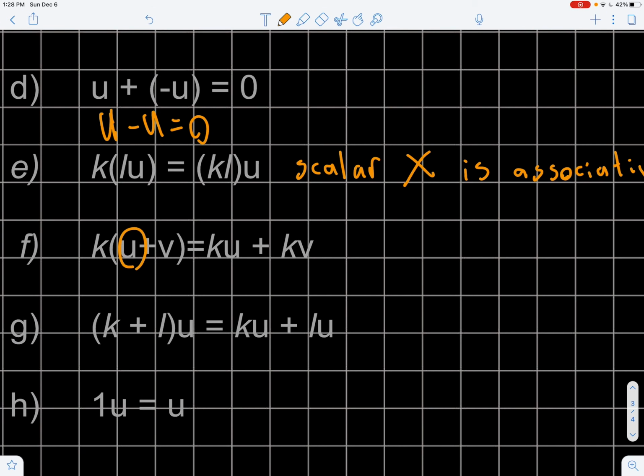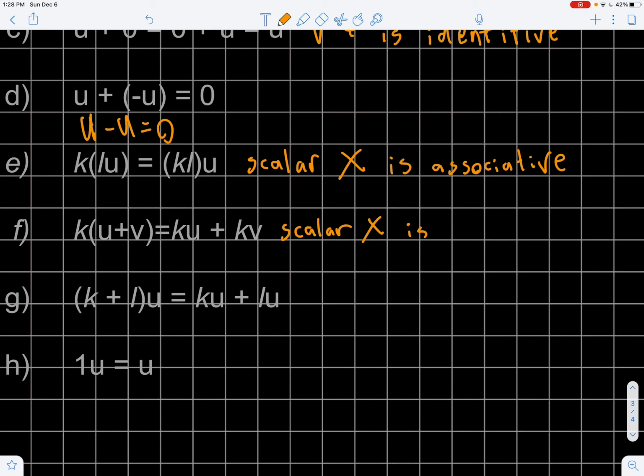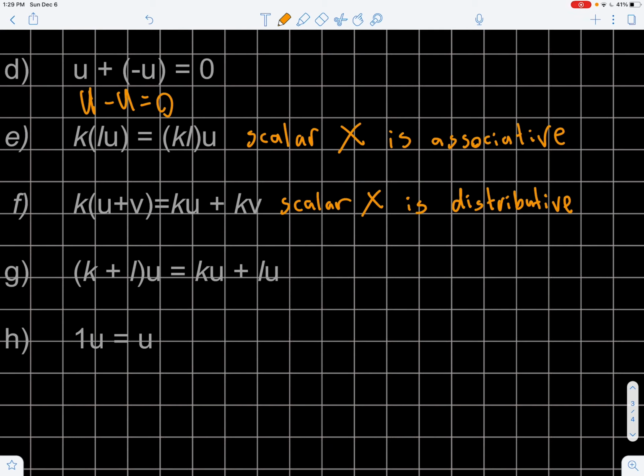A scalar times (u plus v) is the same thing as the scalar times u plus the scalar times v. Another way of saying scalar multiplication is distributive. And again, if you don't believe me, just prove it. You can prove it yourself.